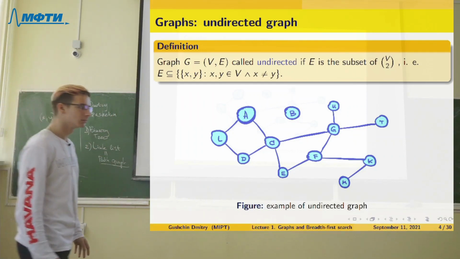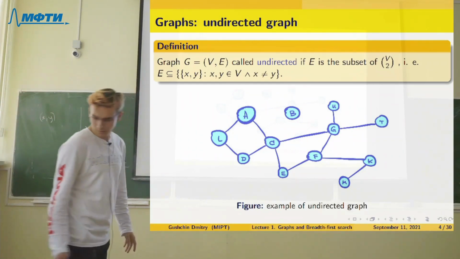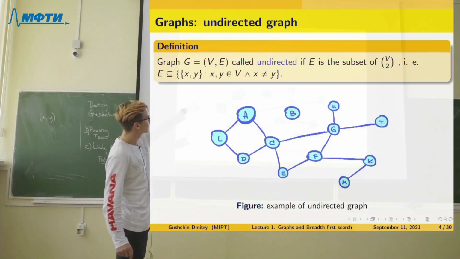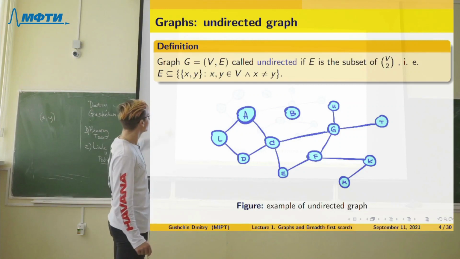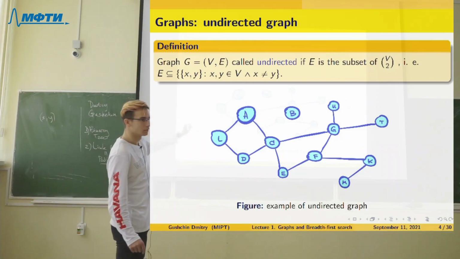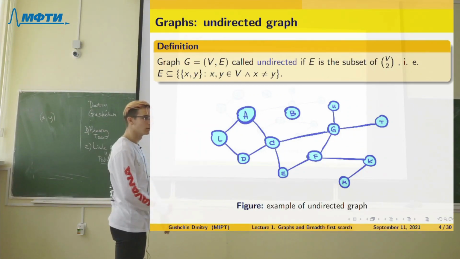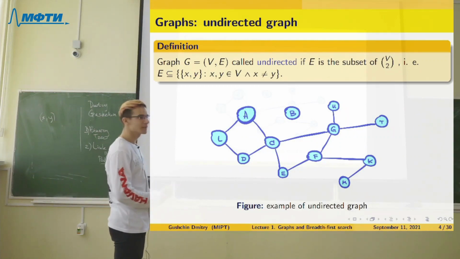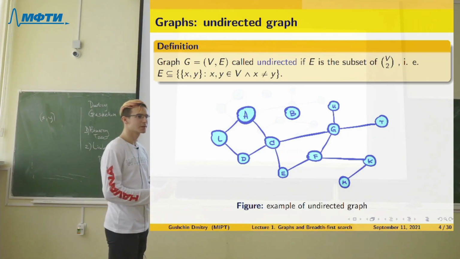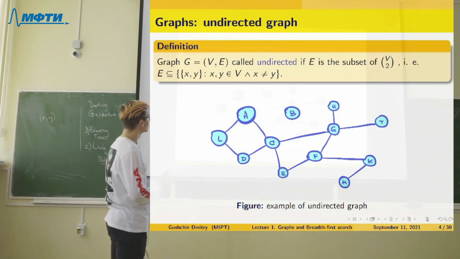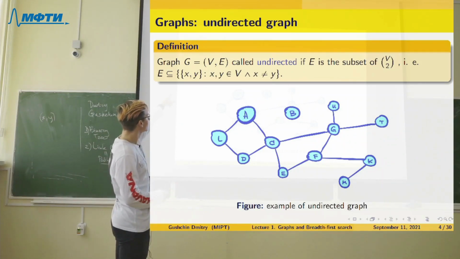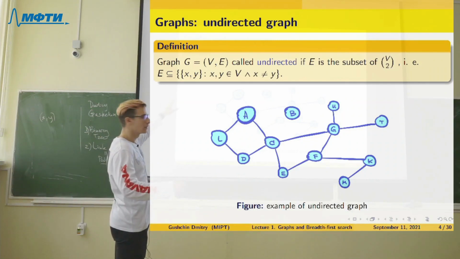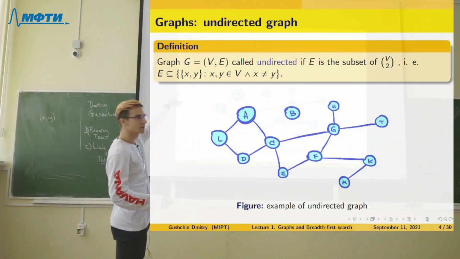Sorry, you can have loops, right? Loops? No. Undirected has a set of edges. Yeah, I noticed, but usually you can. For example, if you present a loop, formally it's a multiset with x equal to y.